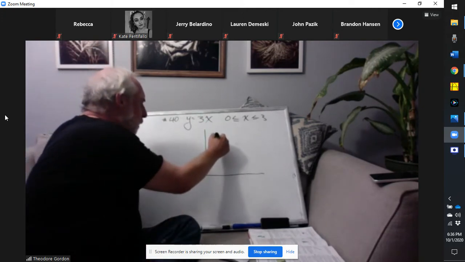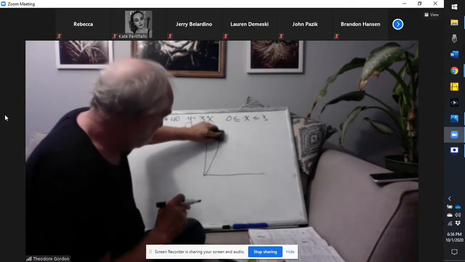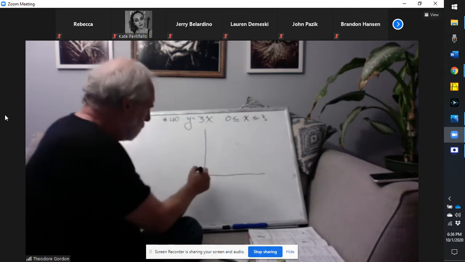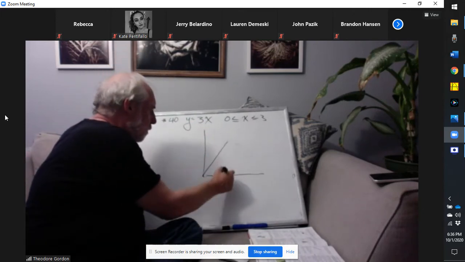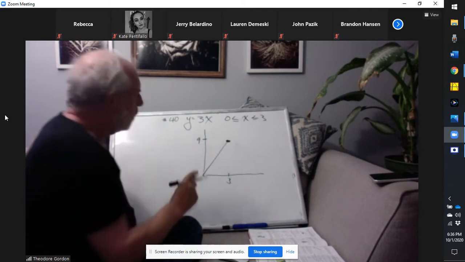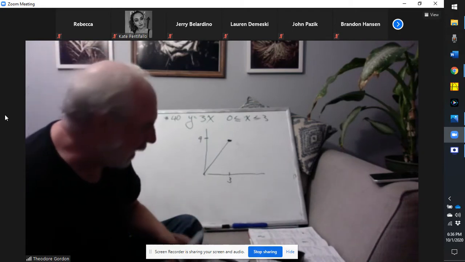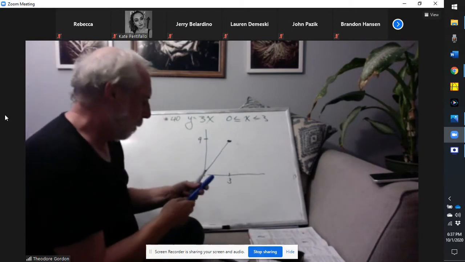So it just kind of looks like this. And this would be 3, and this would be 9. And we're going to spin just the line around the x-axis.